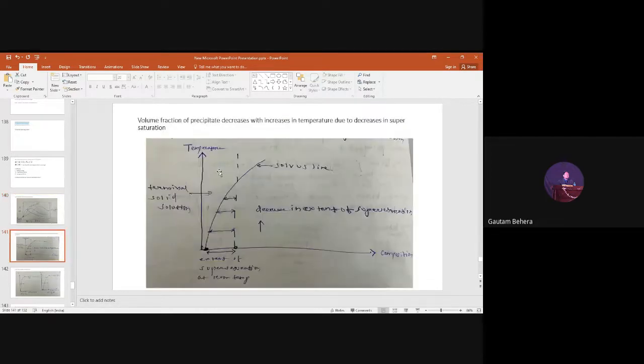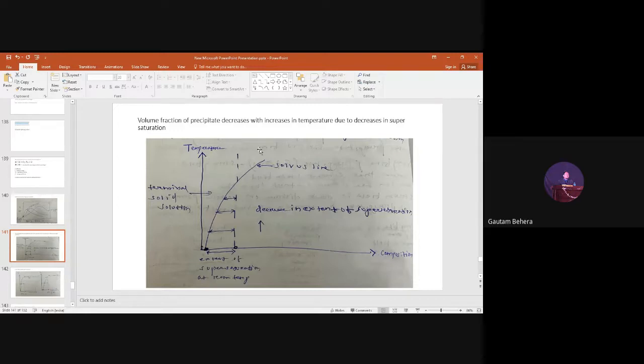Now you can see this is a very interesting figure where the volume fraction of the precipitate decreases with increasing temperature. Right? As I told, for the same volume fraction of precipitate, the size of the precipitate will become more, but the volume fraction is decreasing. How? You can see this is the temperature axis, this is the composition axis.